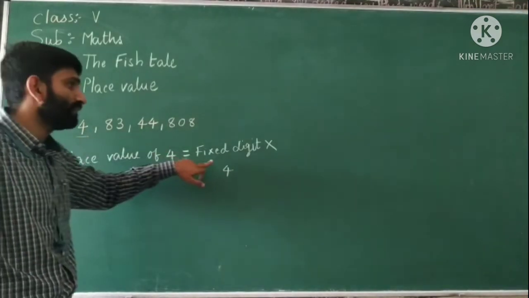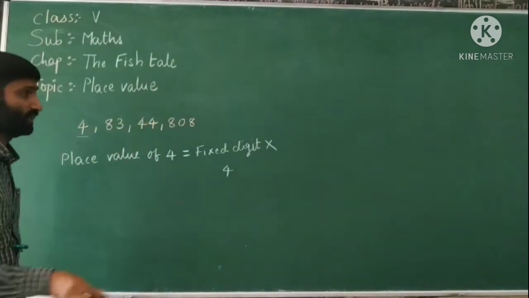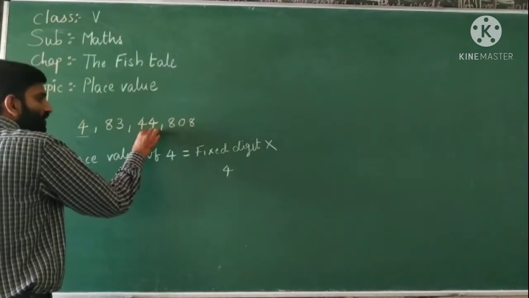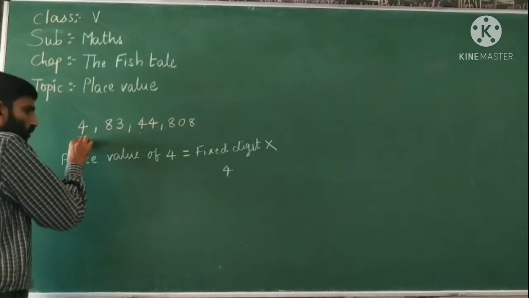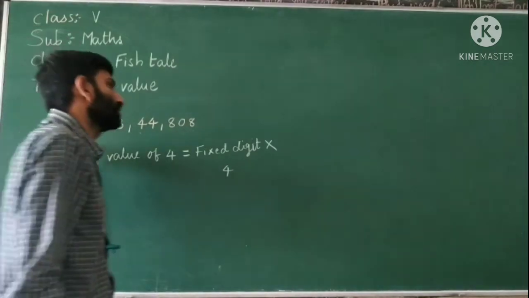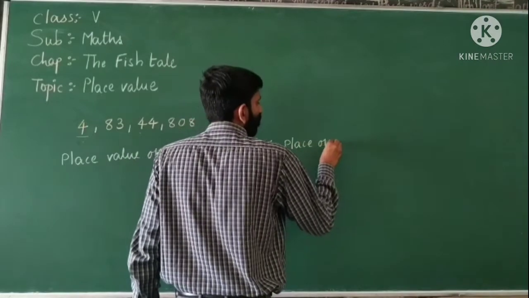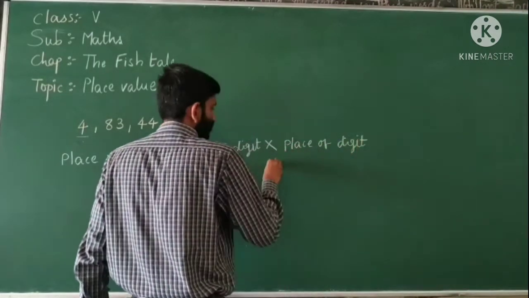We have to multiply with the fixed value. Now what is the place? We'll find out. In the last lecture we learned ones, tens, hundreds, thousands, 10,000s, lakhs, 10 lakhs and 1 crore. So the place of this number is 1 crore.